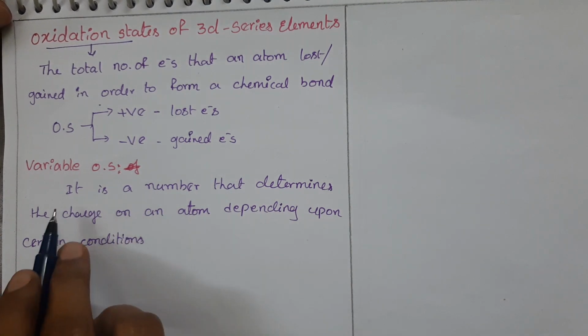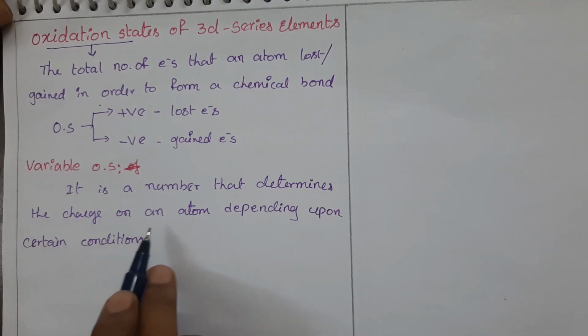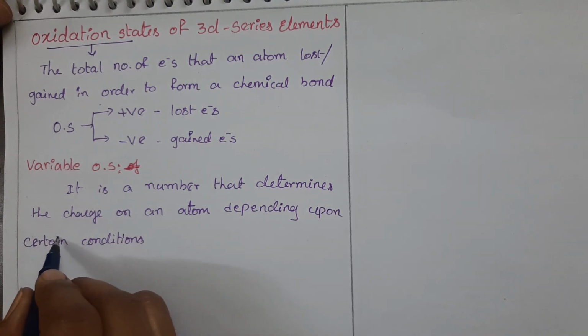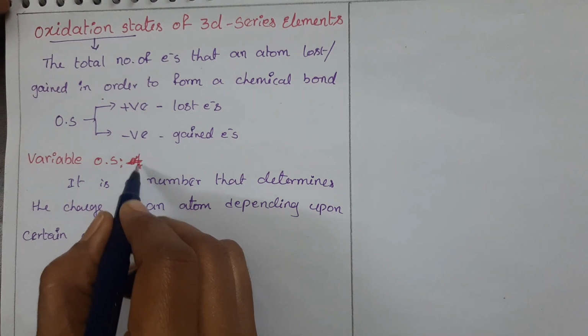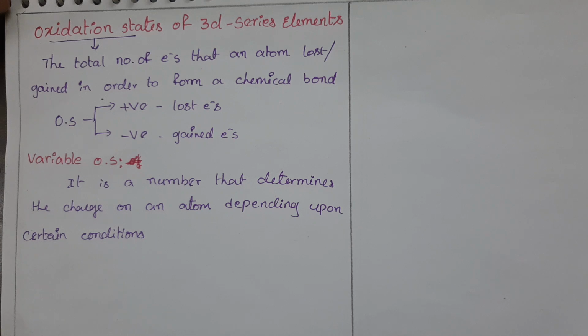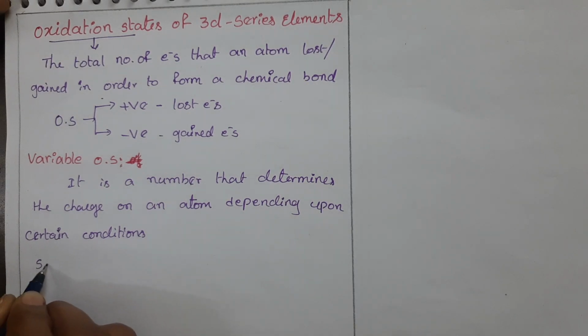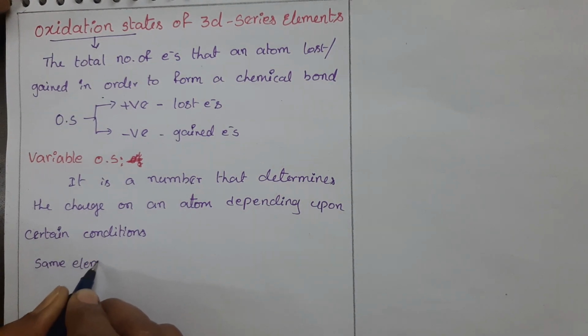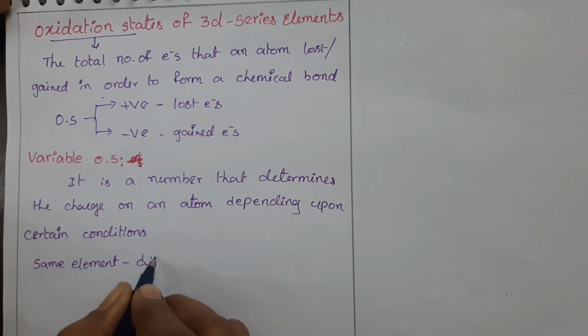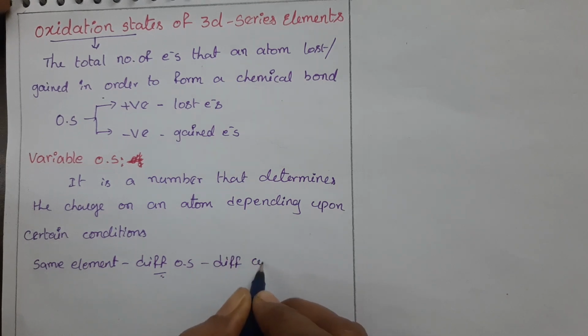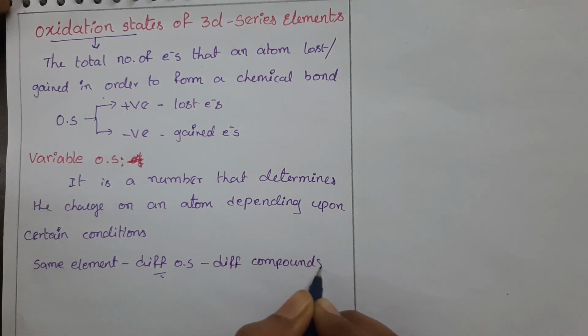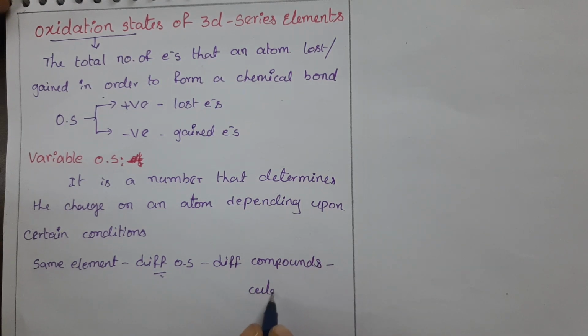So a variable oxidation state is a number that determines the charge on an atom depending upon certain conditions. Here one element can show different oxidation states in different compounds under certain conditions.